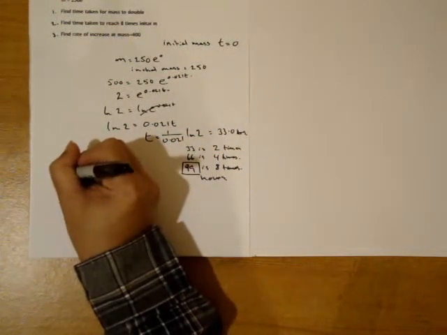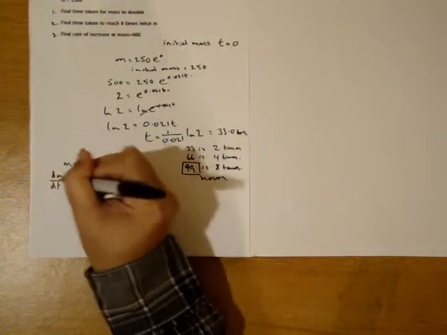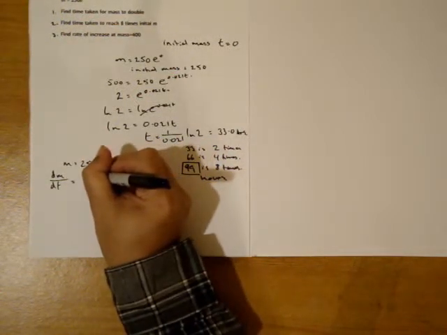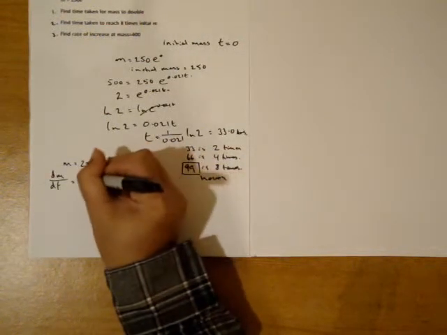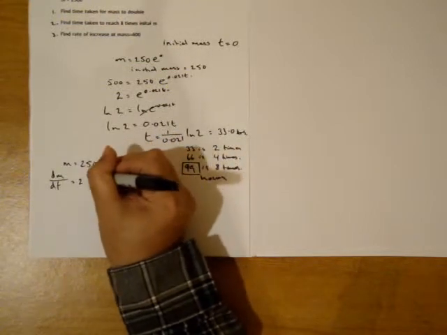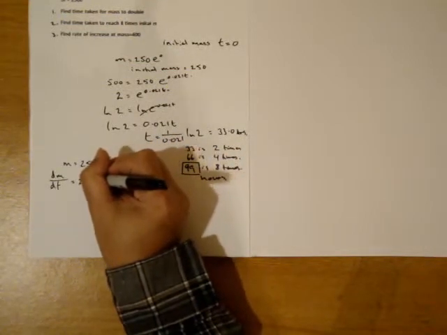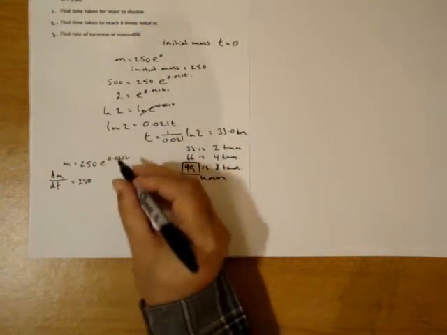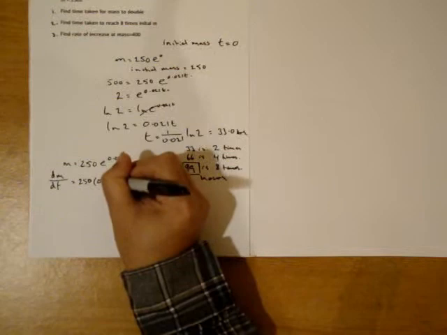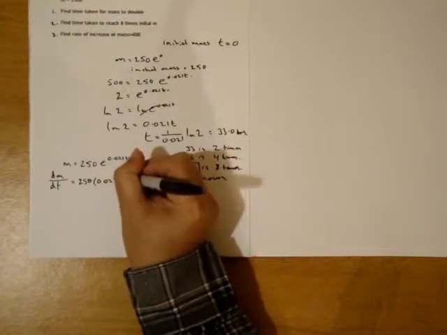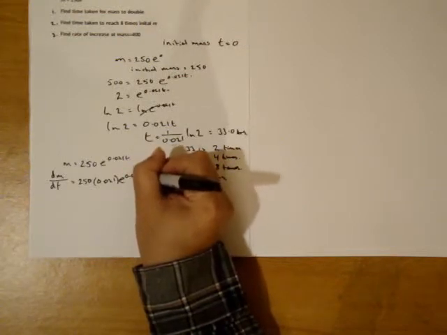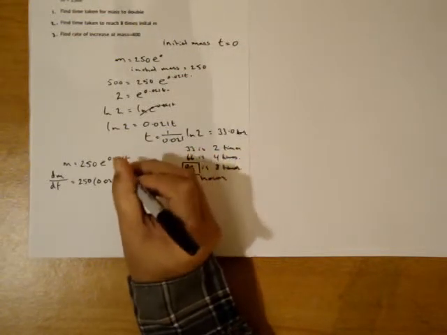Therefore dm by dt equals 250 times 0.021 e to the 0.021t.